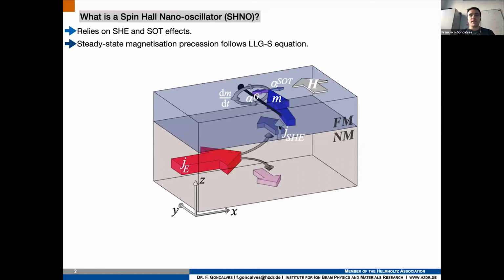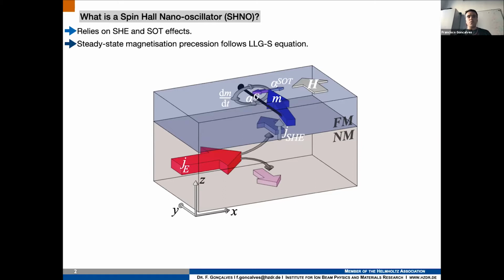This process is then called spin-orbit torque. So upon correct choice of current polarity, current direction, and external magnetic field, this damping-like torque can counter the Gilbert damping.